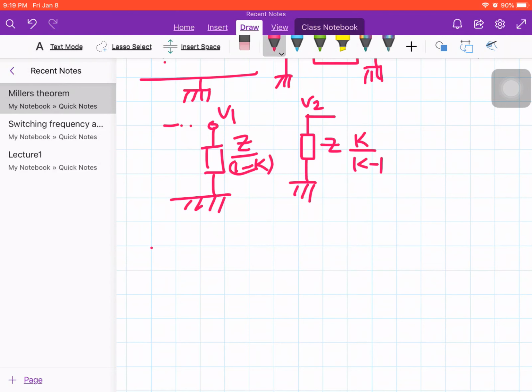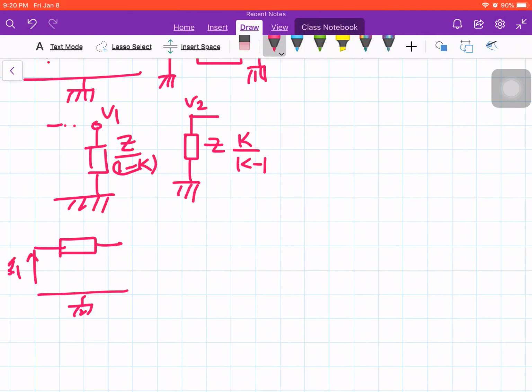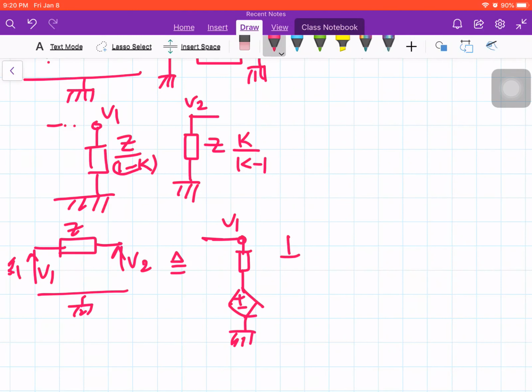So let us see how we can prove this circuit in the first place. So I have a circuit like this, and its voltage is V1, here it is V2, this is Z. Equivalently, I can represent the same with a circuit of this nature, because from the terminals it doesn't matter, right?